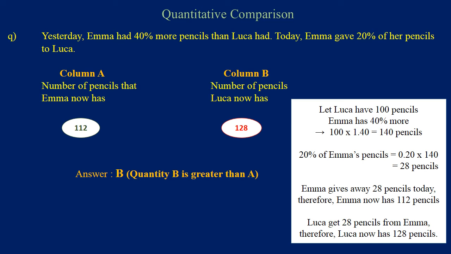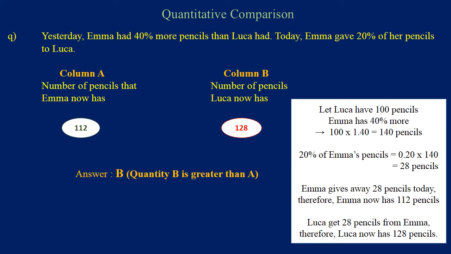First, we have to set a value for the number of pencils that Luca has. And for that, the best value would be 100 pencils, right? So if Luca had 100 pencils yesterday, then Emma would be having 40% more, which is equal to 100 into 1.4, which is equal to 140 pencils.